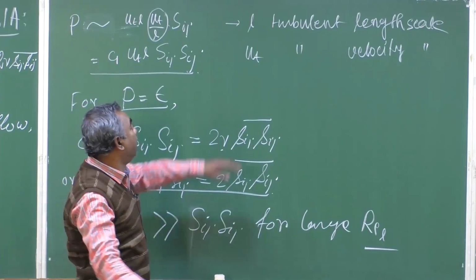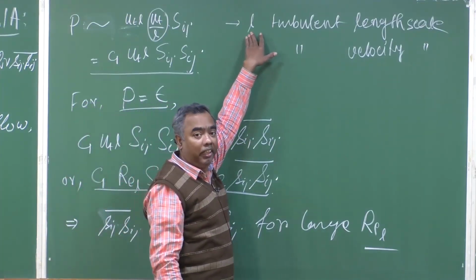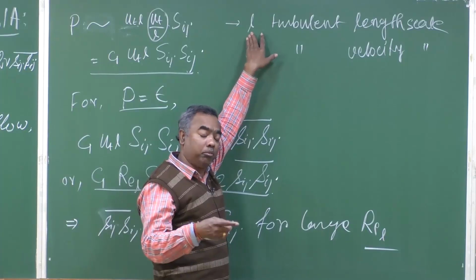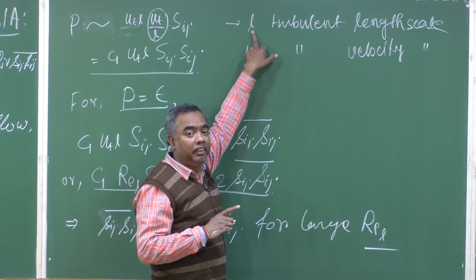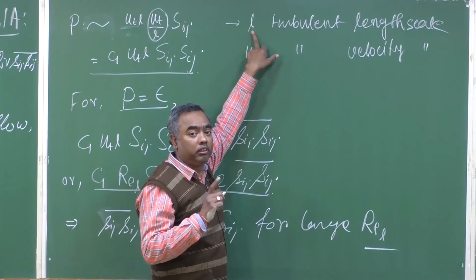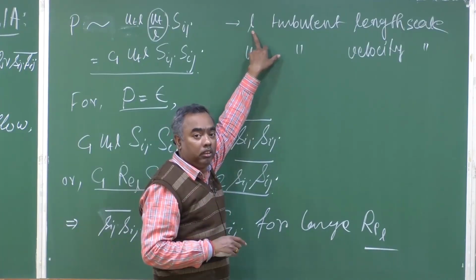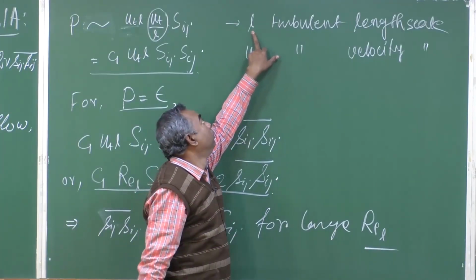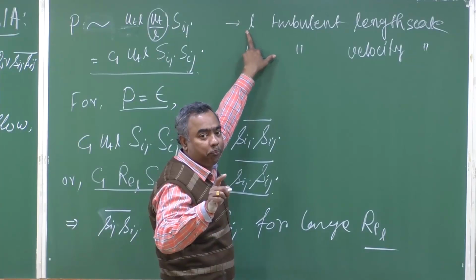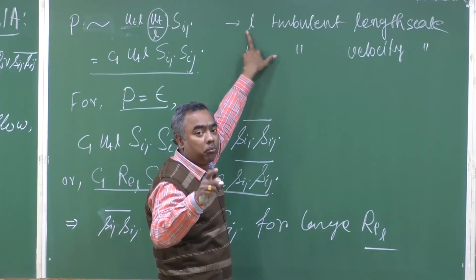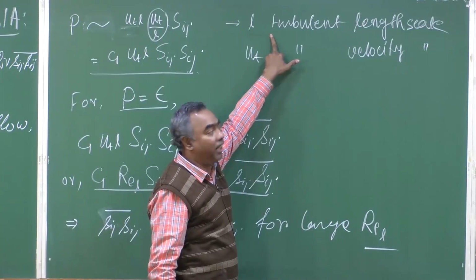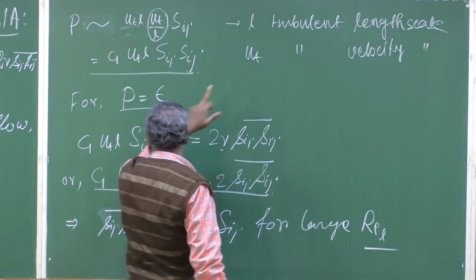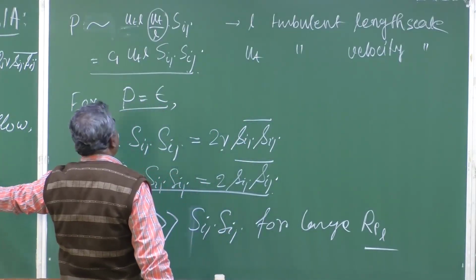The characteristic length can be the integral length scale, which we have already defined, or the measure of the maximum length scale in a turbulent flow. And u_t is also defined in this particular expression.